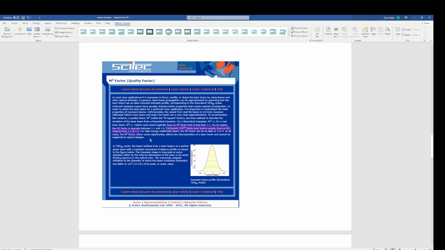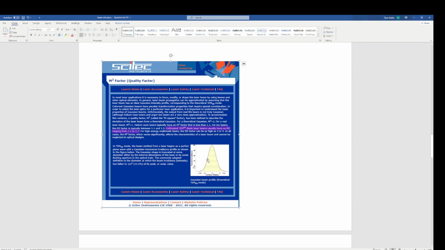Now, the other thing that I'll point out to you about this diagram, which is very useful, is we see our Gaussian distribution here with a peak intensity, whatever it happens to be, and the diameter of the beam is in fact related to this peak intensity. There's a standard definition for a beam diameter, which is called 1 over e squared, which in simple terms means it's 13.5% of the peak intensity value.